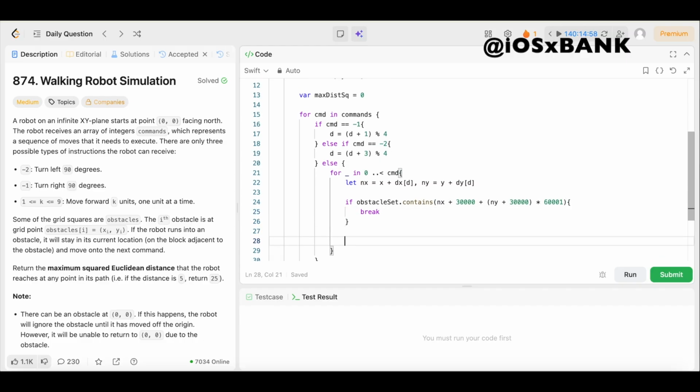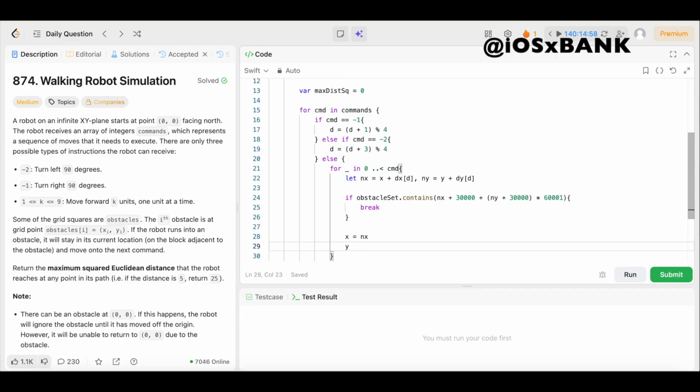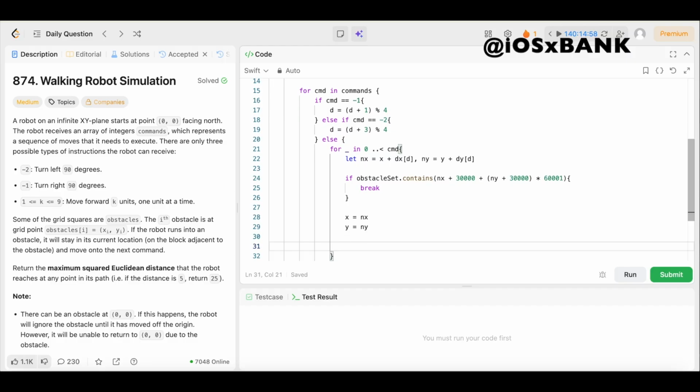Then we're going to update the position by coming underneath this. And we are going to say x equals nx. And we're going to say y equals ny. Boom. Then we're going to update the maximum distance squared from the origin by coming underneath that. We're going to say max dist. I don't know why my computer's going so slow.